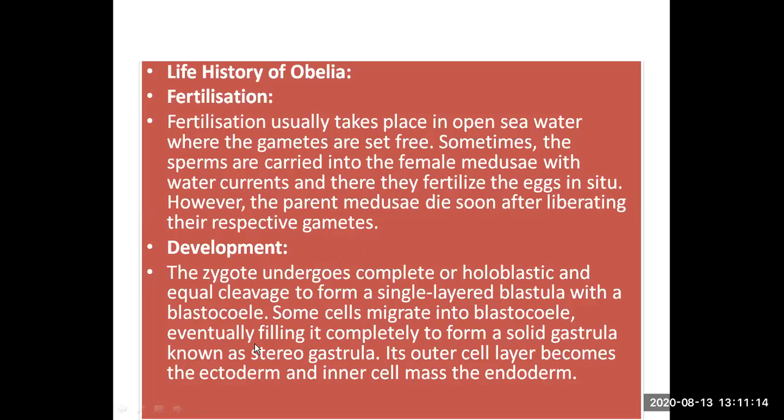blastula with the blastocoel. Some cells migrate into the blastocoel, eventually filling it completely to form a solid gastrula known as the stereogastrula. Its outer cell layer becomes the ectoderm and inner cells the endoderm.